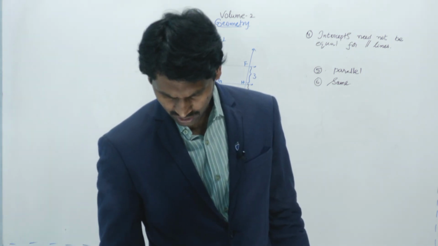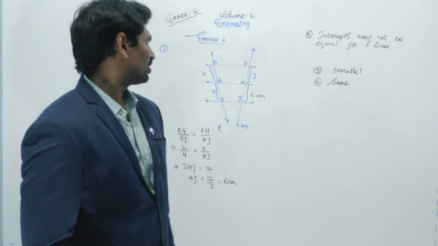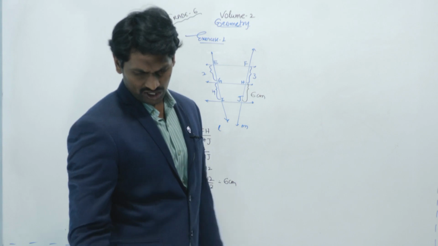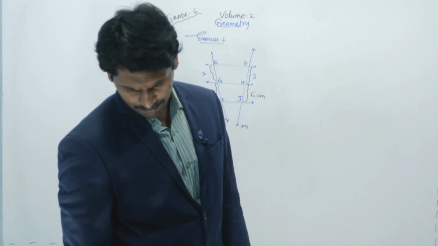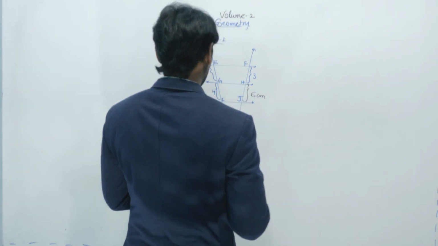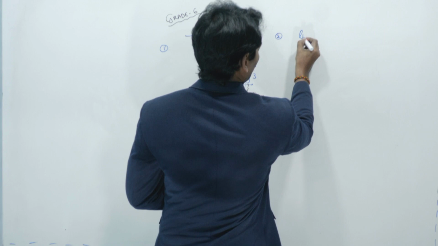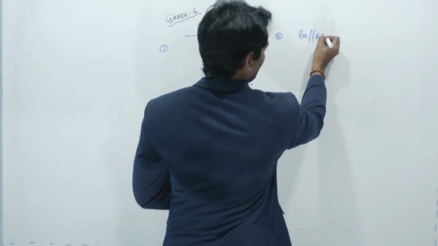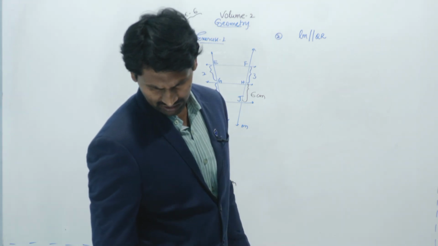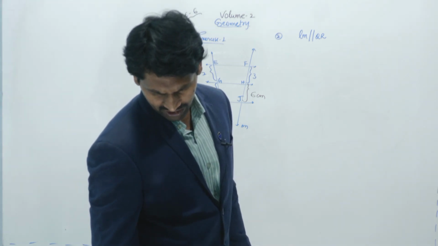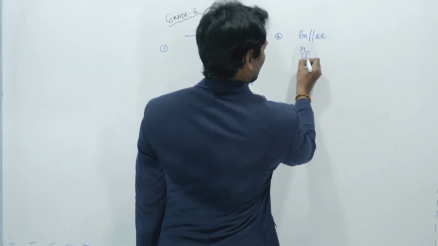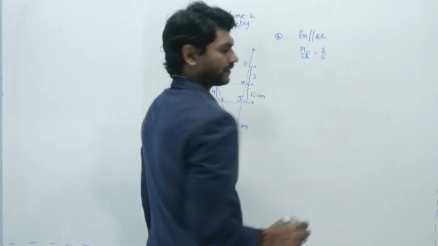Now coming to the second problem. LM is parallel to QR, and PL by LQ equals 3 by 5, ratio given.